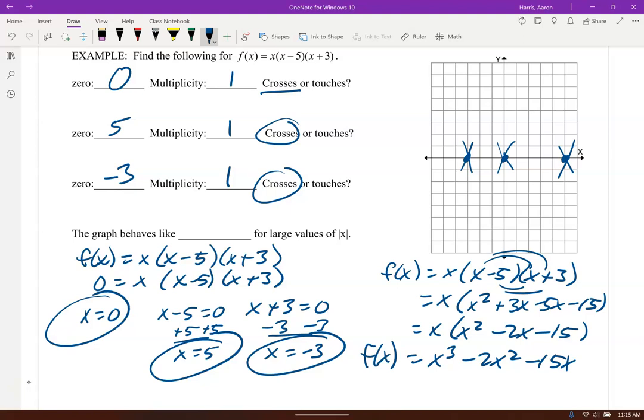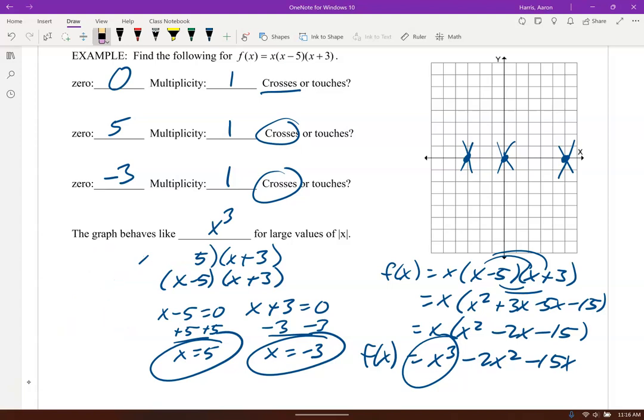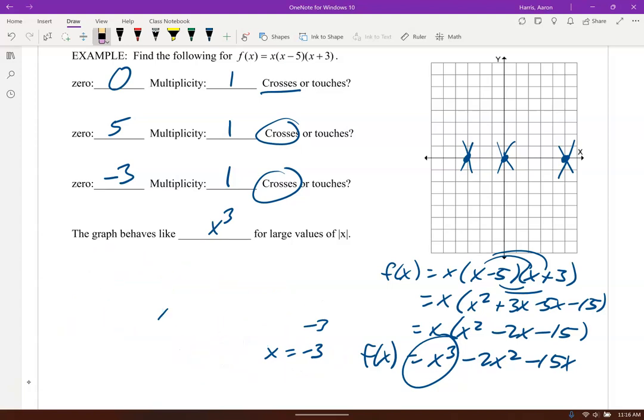So it behaves like this first term, x cubed, for large values of x. In other words, as x increases or decreases in magnitude. So we're thinking about the end behavior of the degree of this. Well, the degree is odd. N is odd.